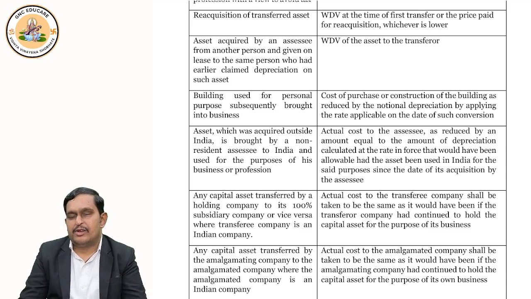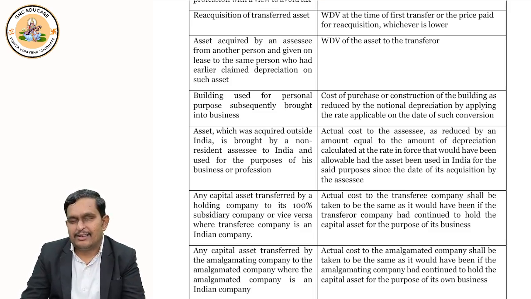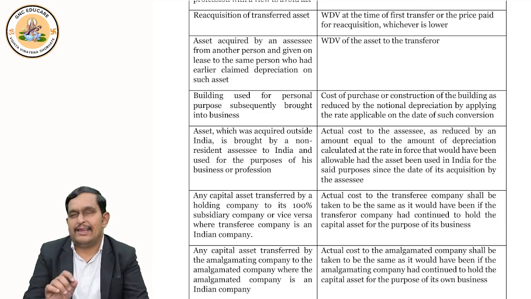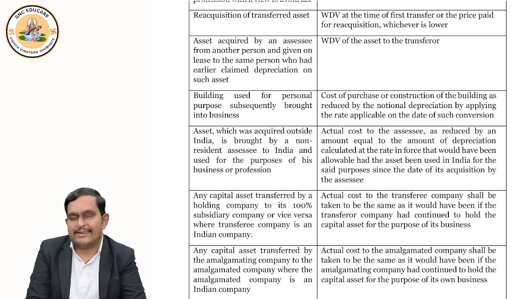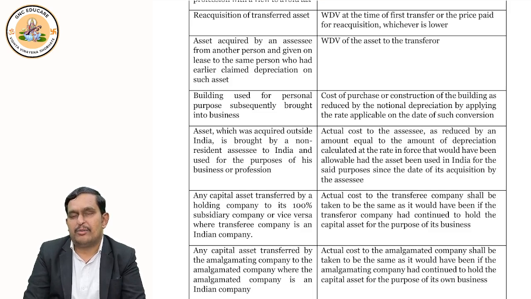Now, for a building used for personal purposes and later converted to business, I said take the actual cost minus depreciation for so many years. But is there any such rule for other assets, like a motor car or a laptop? The answer is no. For any other asset used for personal purposes and then brought into business, don't deduct the depreciation.